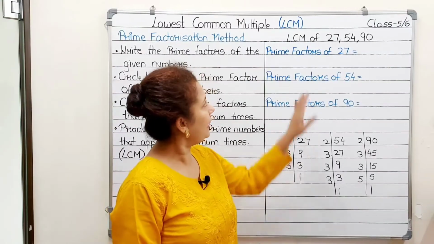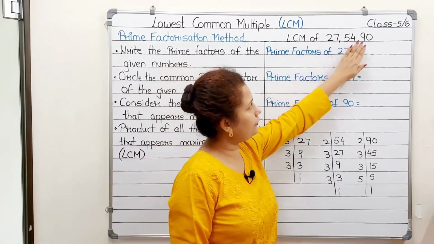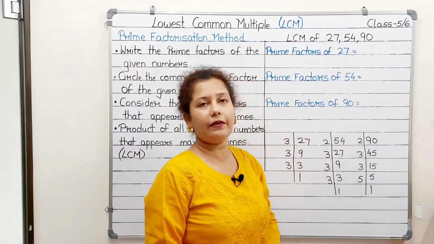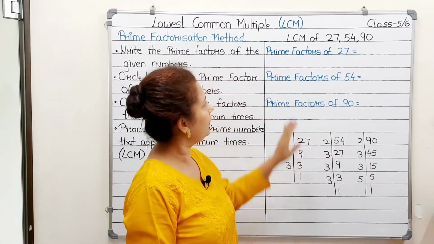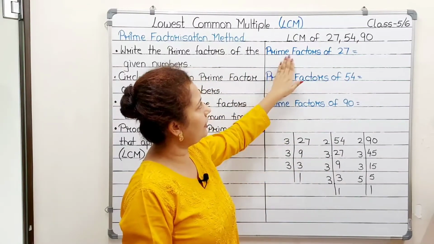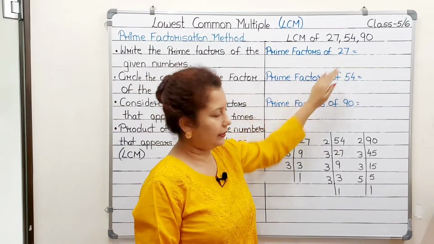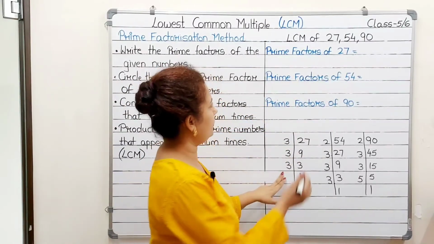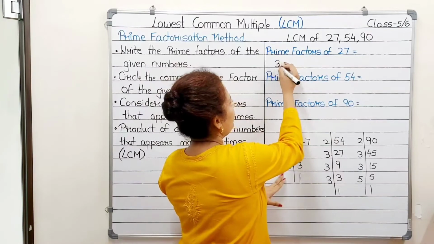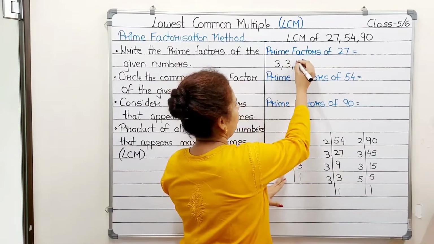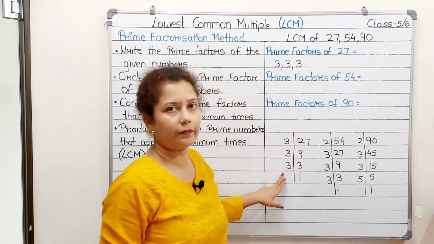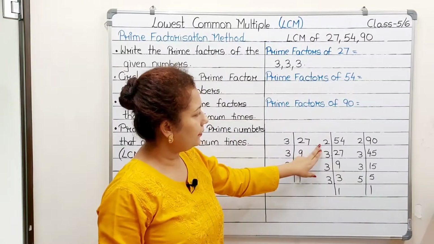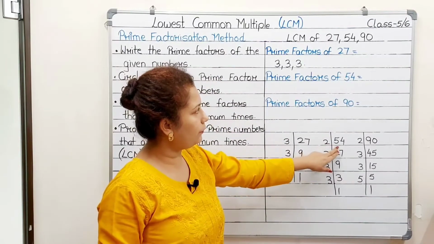Now we will find the LCM of 27, 54 and 90 by the prime factorization method. For that, first we will write the prime factors of 27. Prime factors of 27 are 3 times 3 times 3. Next, we will write the prime factors of 54.